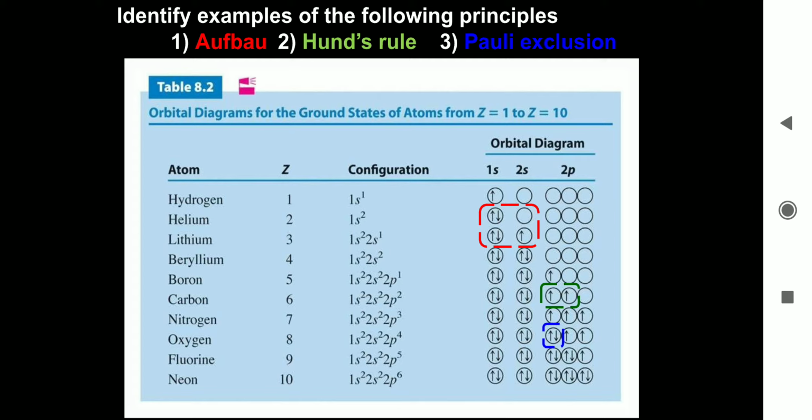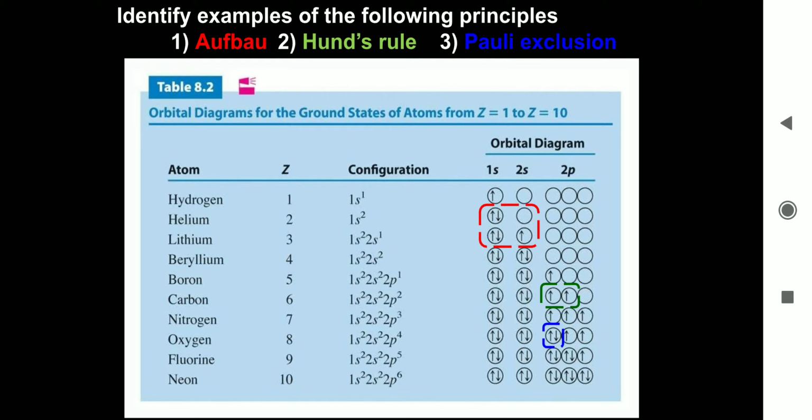Here see the electronic configuration of carbon. Carbon's atomic number is 6 and its electronic configuration is 1s2, 2s2, 2p2. See, the p orbitals are highlighted in green color box.